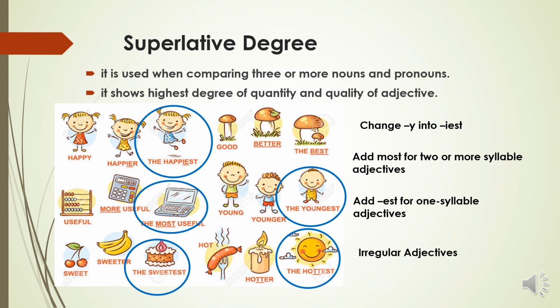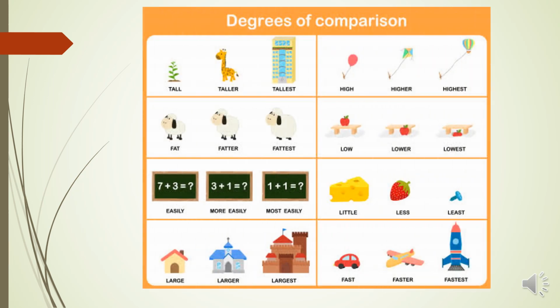And we have also irregular adjectives. This is an exemption to the rule. All we have to do is be familiarized with those irregular adjectives. For example, good, better, and best. Look at the illustration. These are more examples of the degrees of comparison.